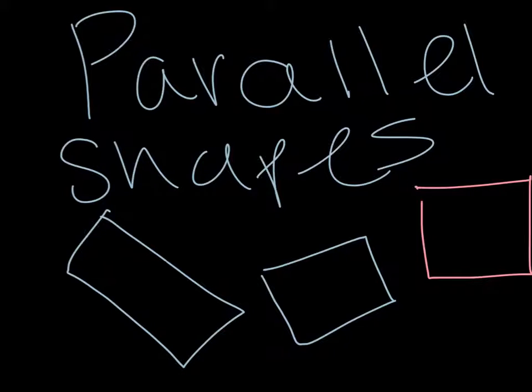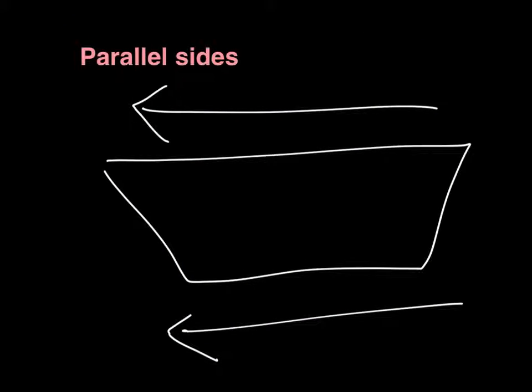The square has two pairs of parallel lines, and the rhombus does as well. This is an example of a quadrilateral, and the arrows indicate the way that the parallel lines go.